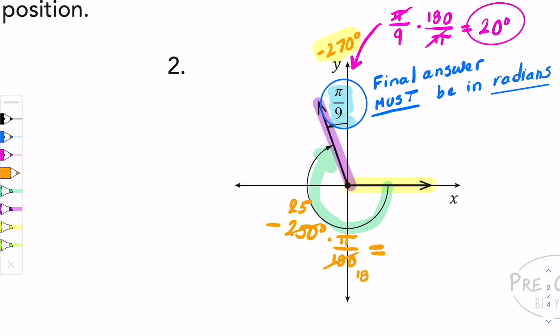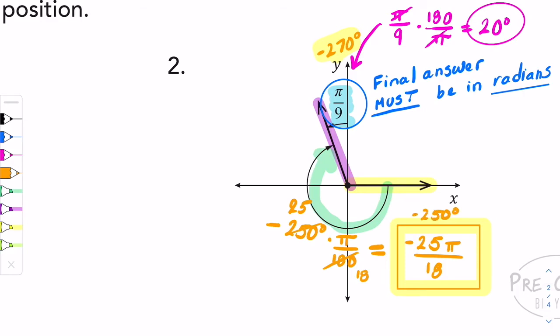So my solution in radians is negative 25 pi over 18. That's my final answer. And above it, I'm just going to list that it was negative 250 degrees.